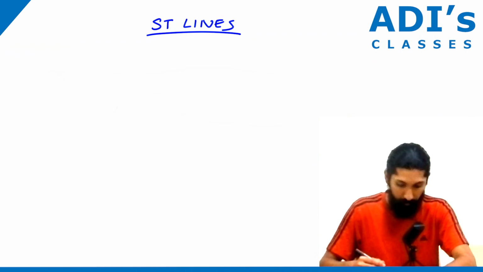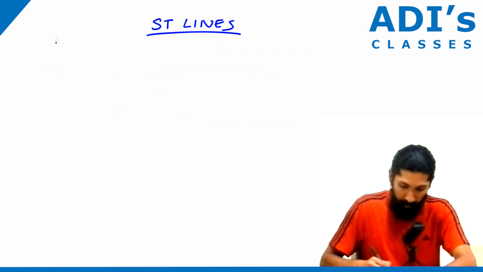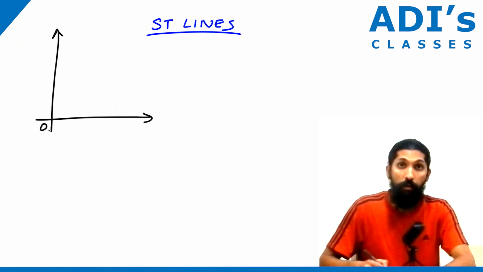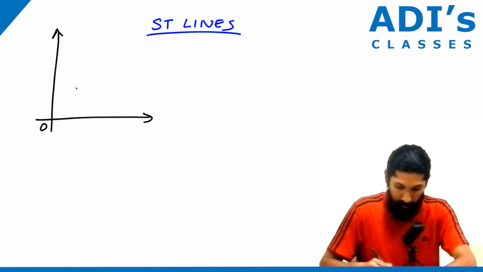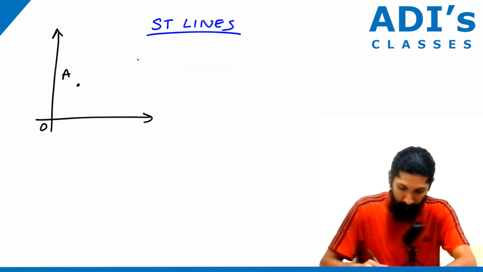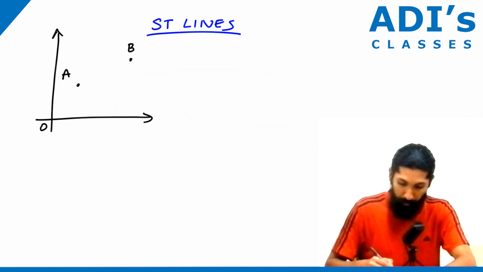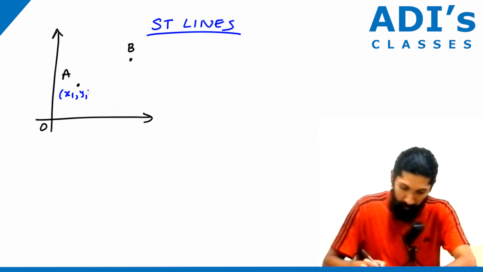Cartesian plane. Now, in the Cartesian plane, you have the x and y axis, and you have 2 points. Say this point is A, say this point is B. Fair enough? Say the point A is given to be x1, y1, and point B is x2, y2.